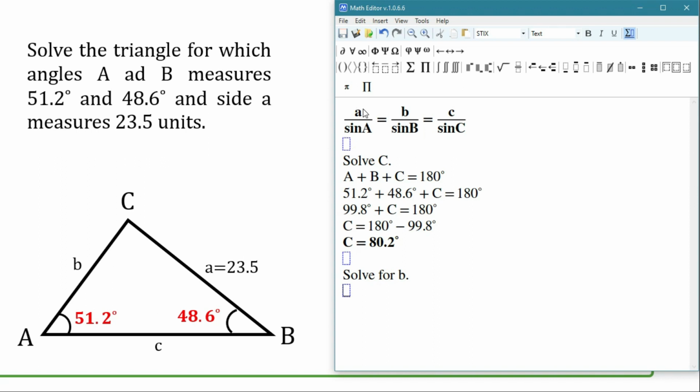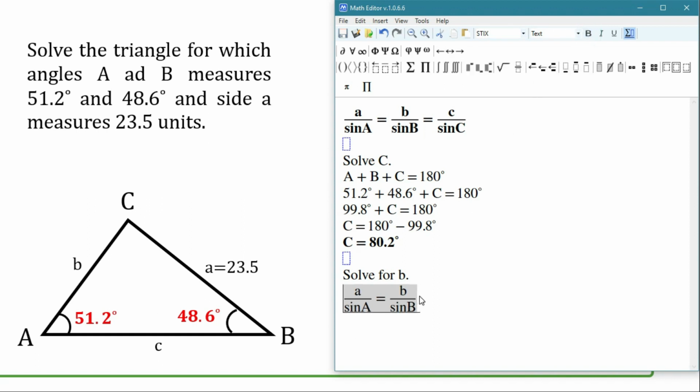It's either A over sine A equals B over sine B, or B over sine B equals C over sine C. Since we are solving for B, dapat hindi mawawala si B. Since ang given natin sa problem natin is side A at saka si angle A, much better na gamitin natin si A over sine A equals B over sine B. So copy lang natin to. That is A over sine A equals B over sine B.